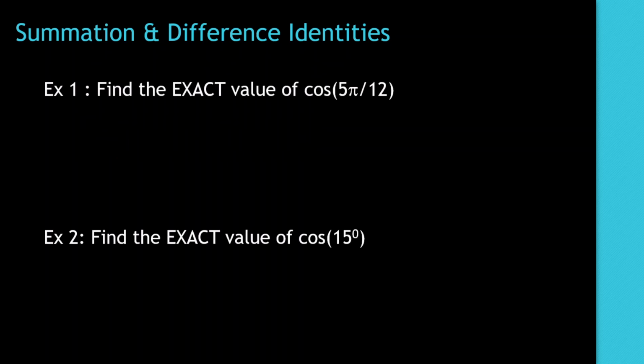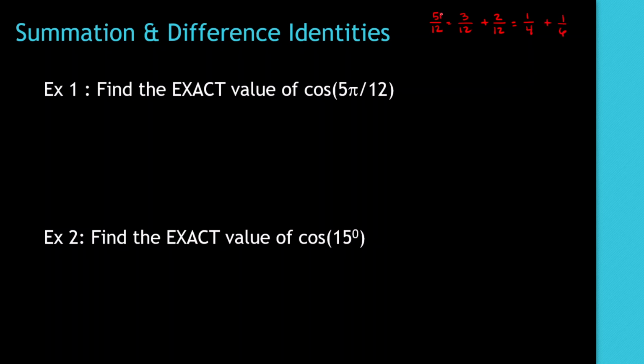Okay, so let's do this first example. One of the things that's going to be useful with this is to remember how to add fractions. So 5/12 could be written as 3 plus 2, and then each of those is going to reduce like so.